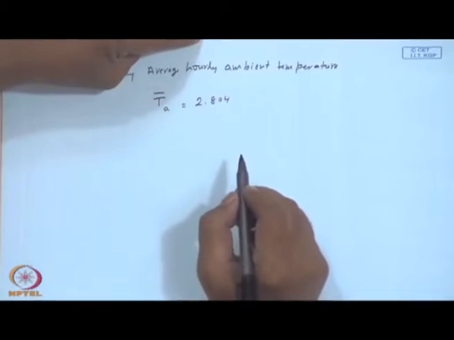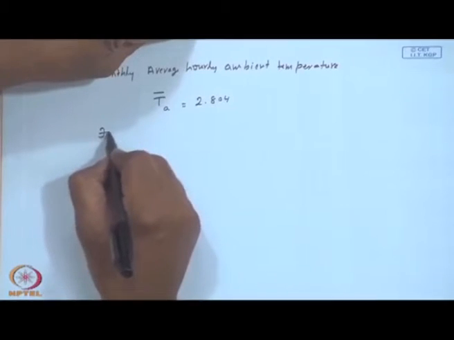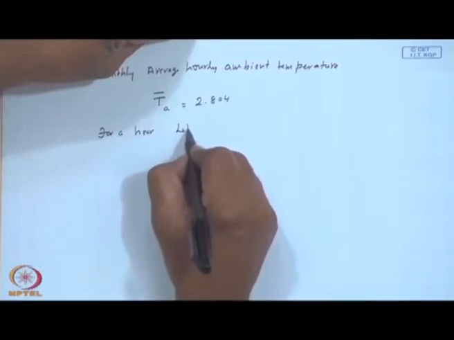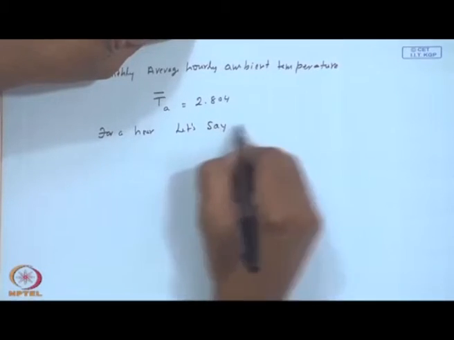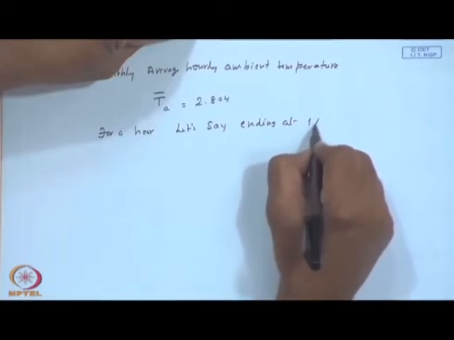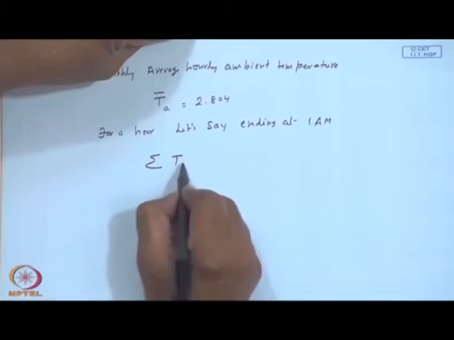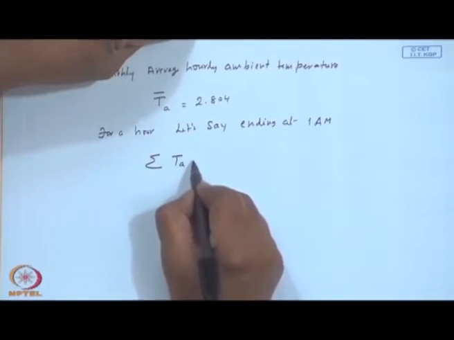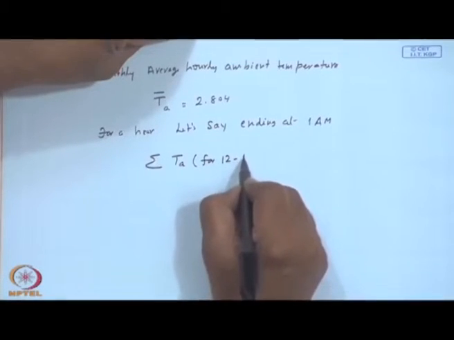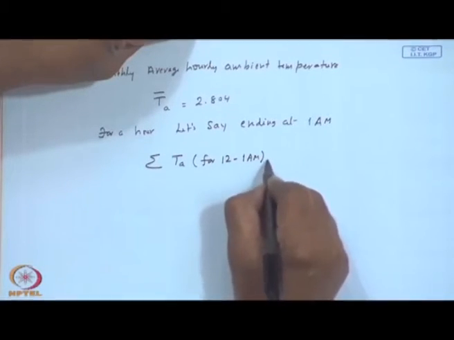Now, the so called mean hourly air temperature, say for example, for the hour ending at 1 a.m., this is T A for 12 to 1 a.m. for all the days, divided by the number of days.